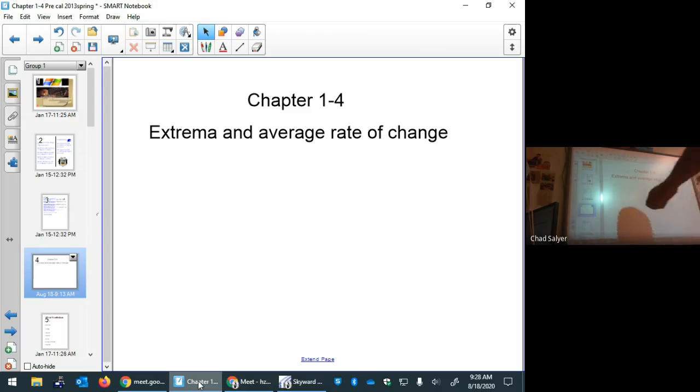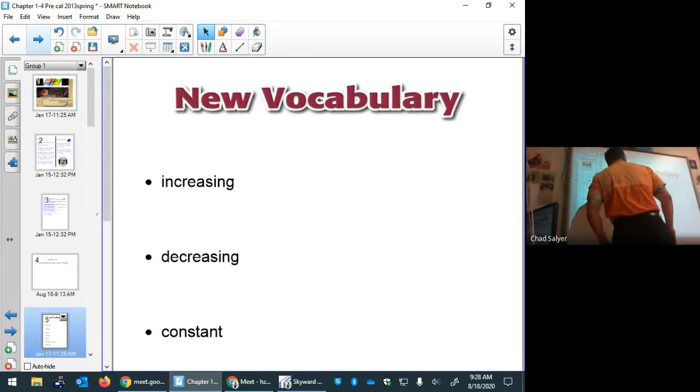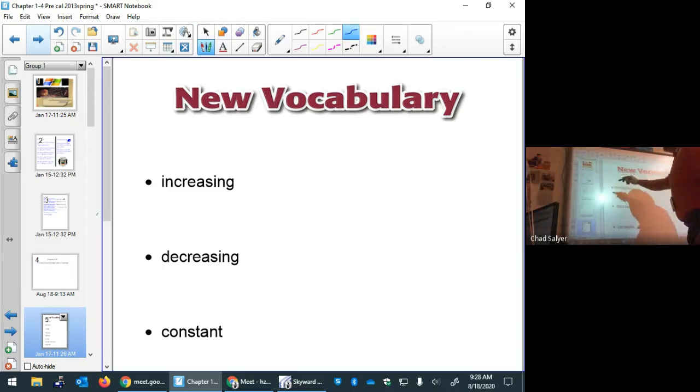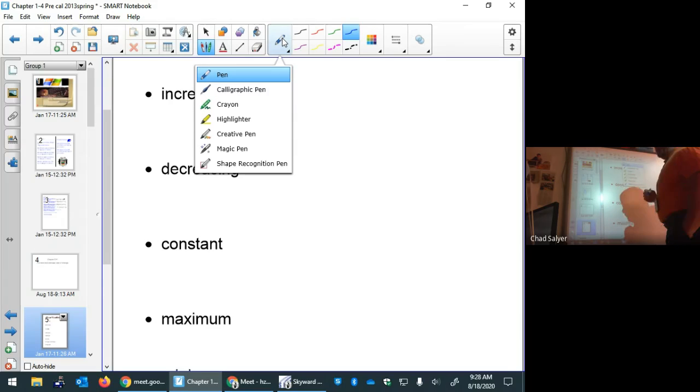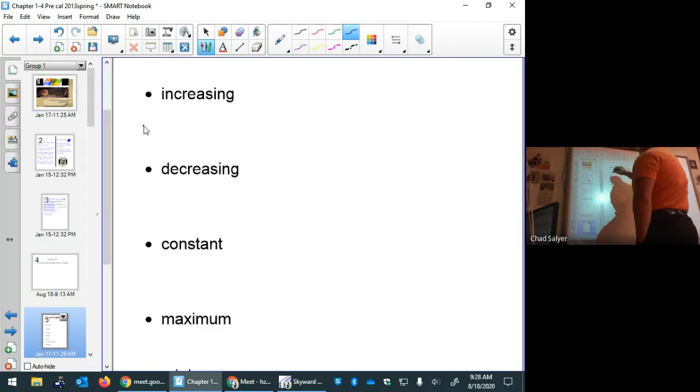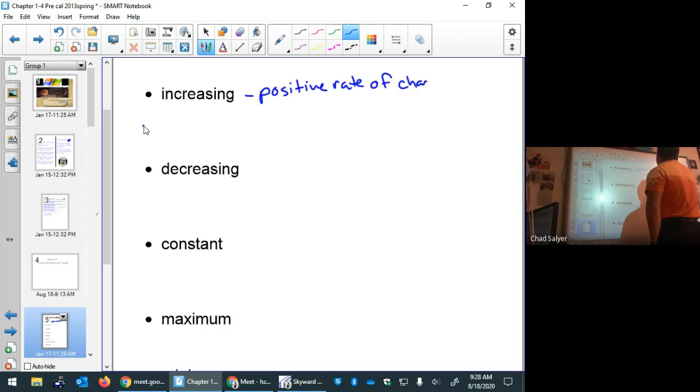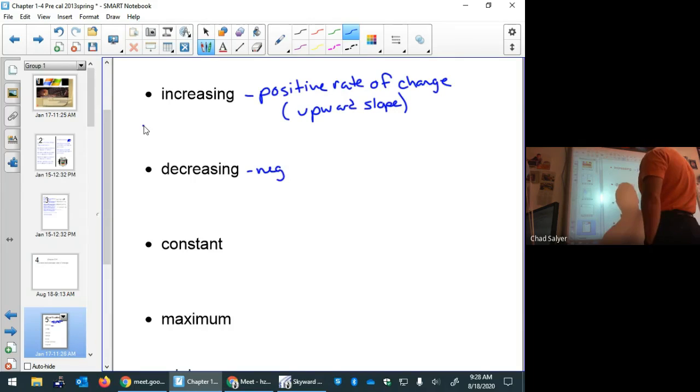Okay, so first some definitions. For a function to be increasing, that means the rate of change is positive. So this indicates a positive rate of change, and you can think about that as an upward slope. And then decreasing is a negative rate of change.